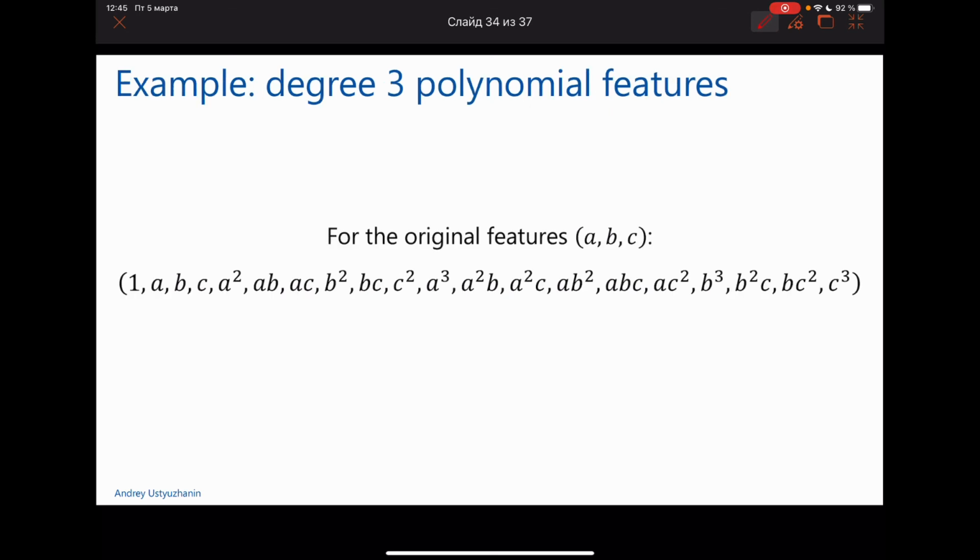So for 3 original features and a degree of 3, we may end up with that number of features.